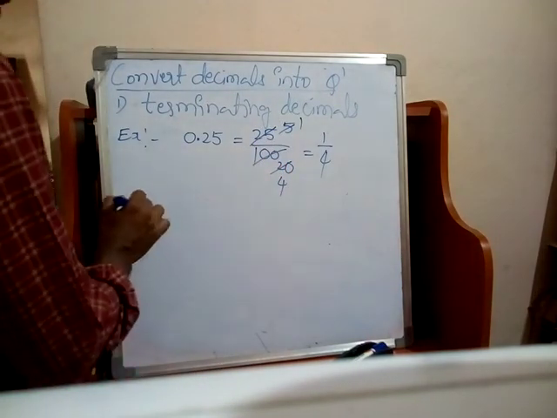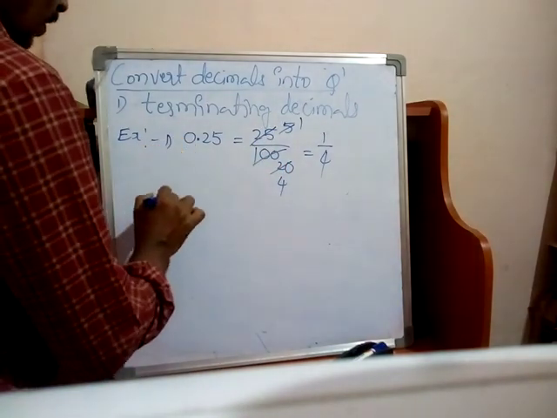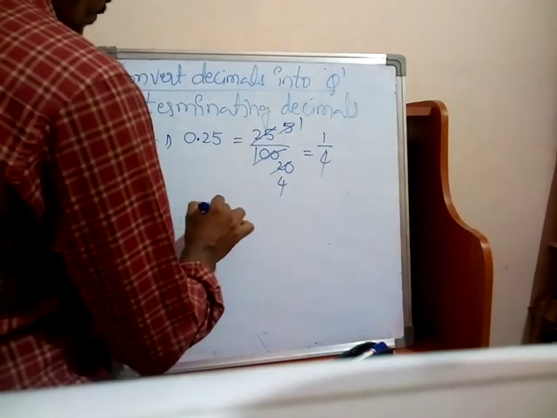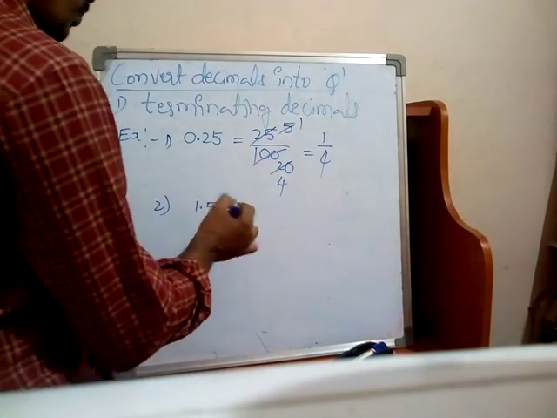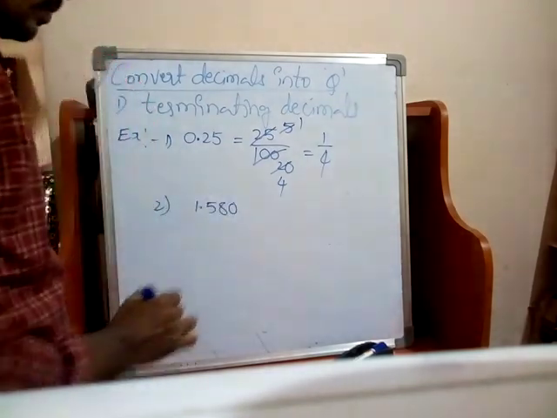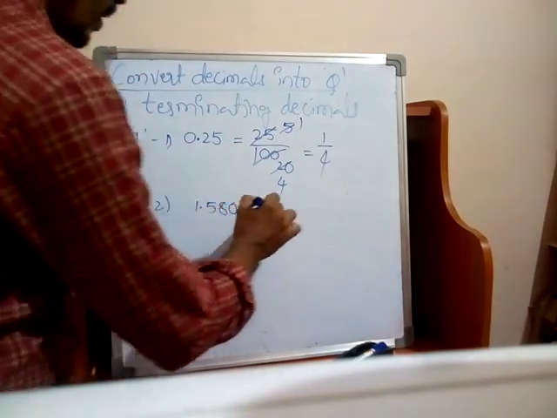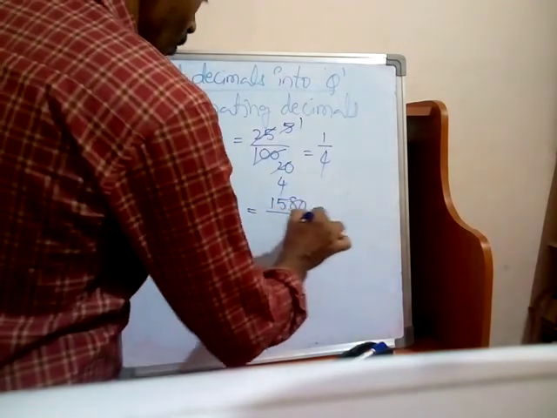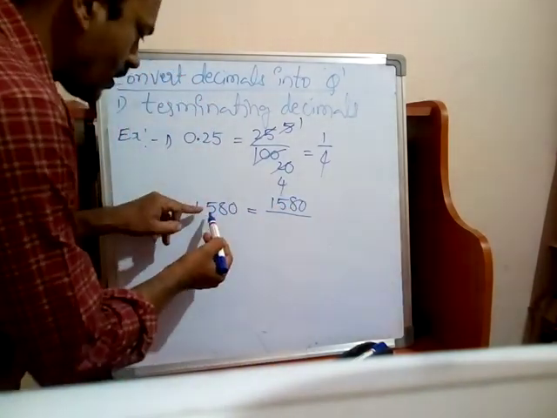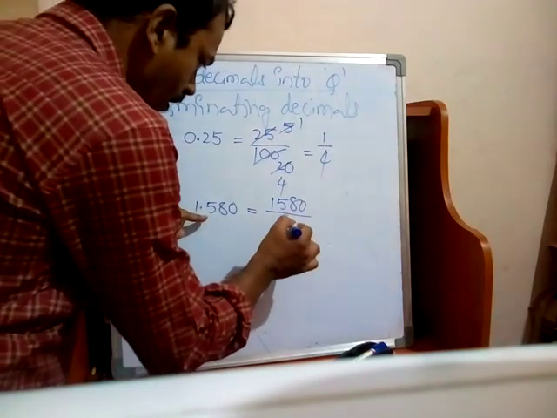Okay. One more example. Second one, 1.58. Like this is there. Okay. So how to express 1.580? 1.580, if you remove the decimal, 1580 by, how many digits are there? 3 digits. So taken as 3 zeros.